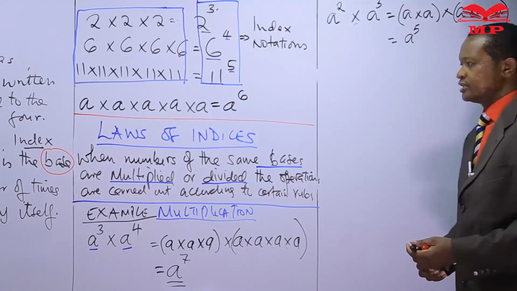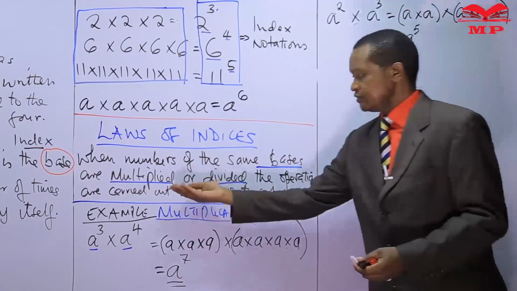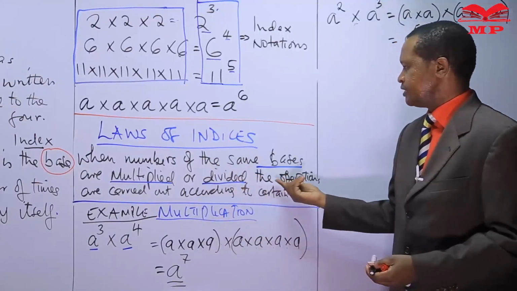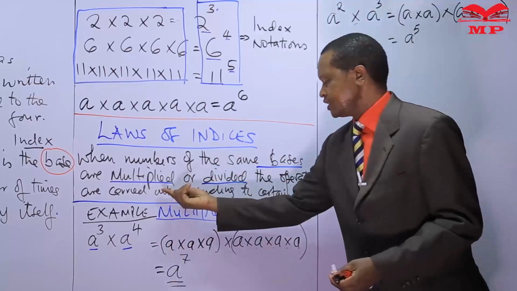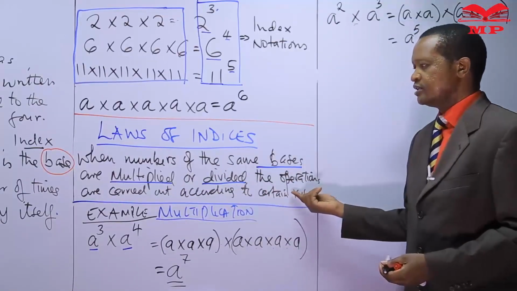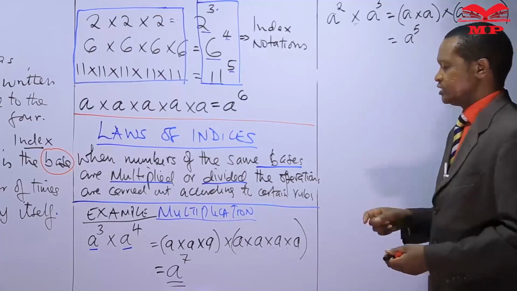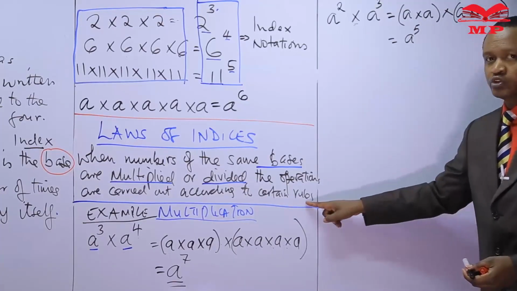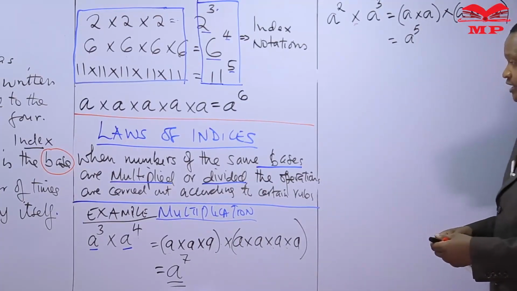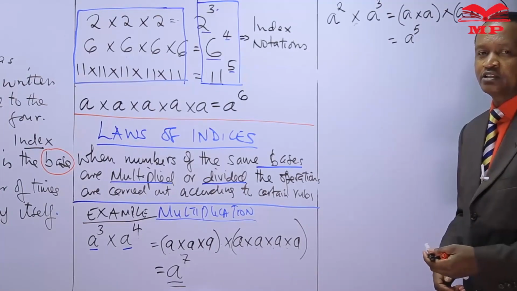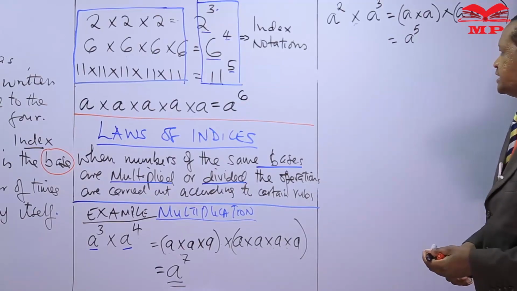Remember here, under the laws of indices, we've indicated that when numbers of the same base are multiplied or divided, the operations are carried out according to certain rules. So in this first case, we will now state the first rule of indices.